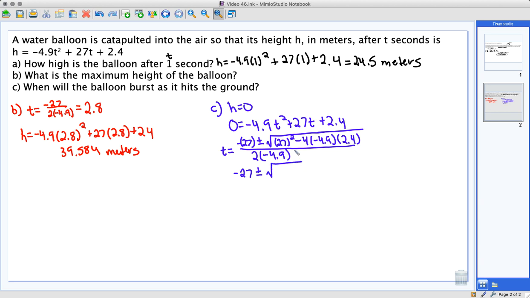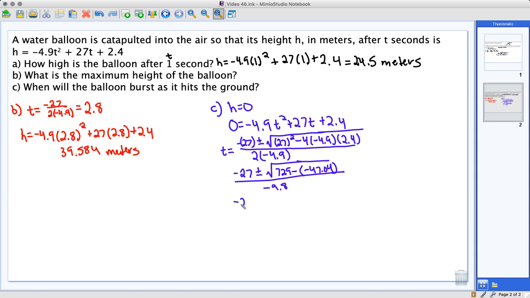Here's where your calculator is going to come in handy, because decimals are not easy. 27 squared is 729, minus 4 times negative 4.9 times 2.4, which is negative 47.04, all over negative 9.8.